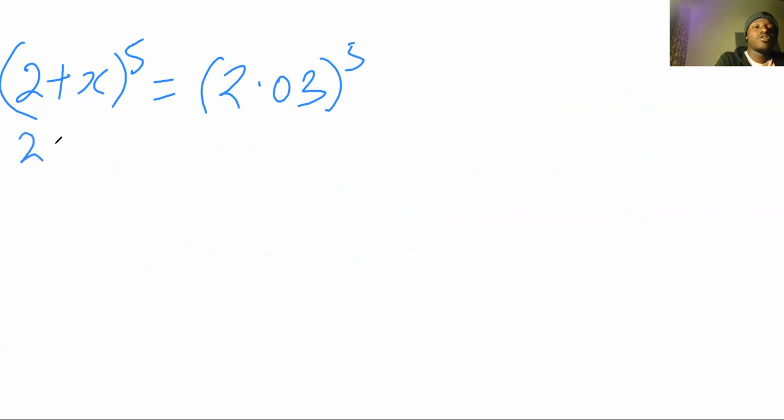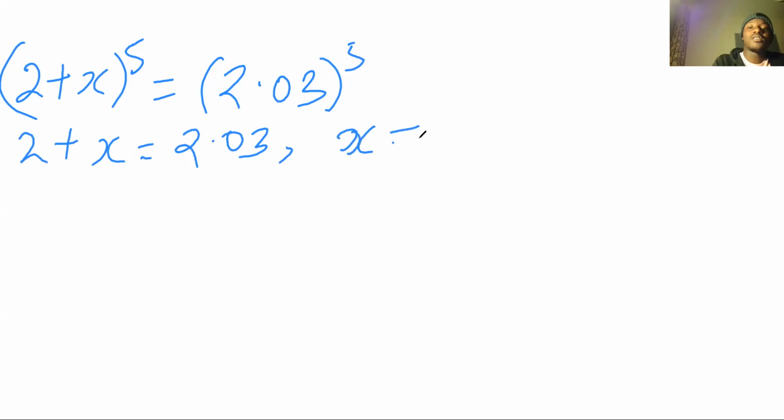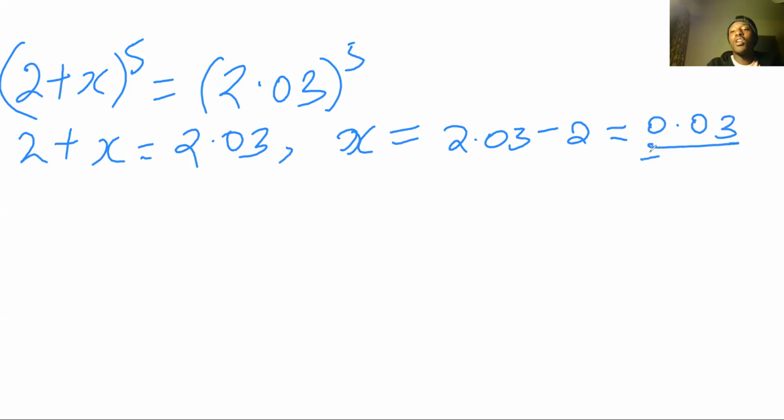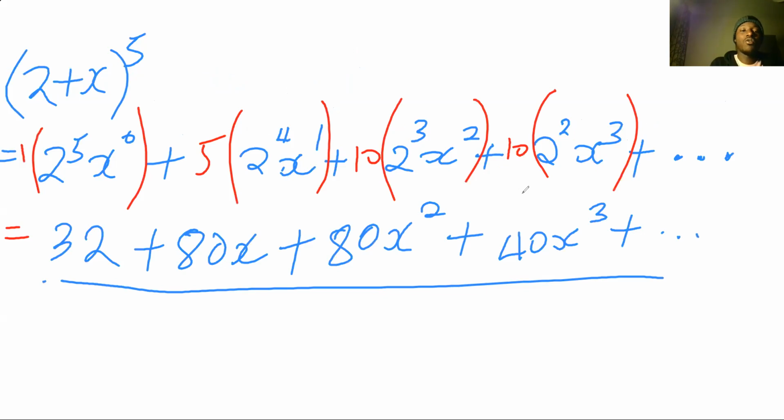So from here you can get x, the subject. It will be 2.03 minus 2, which equals 0.03. So you have your value of x. This is the one that you're substituting. So you bring back our equation here.